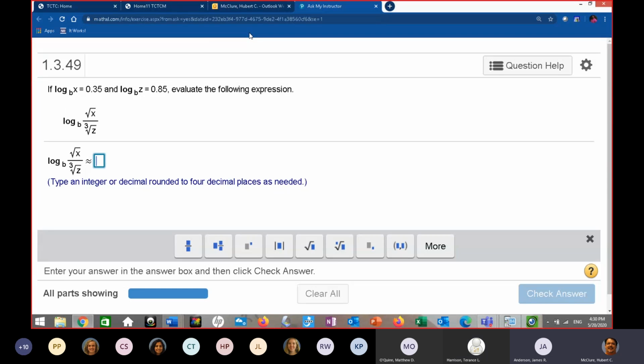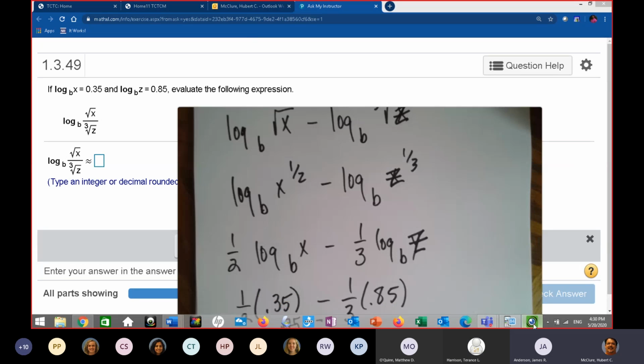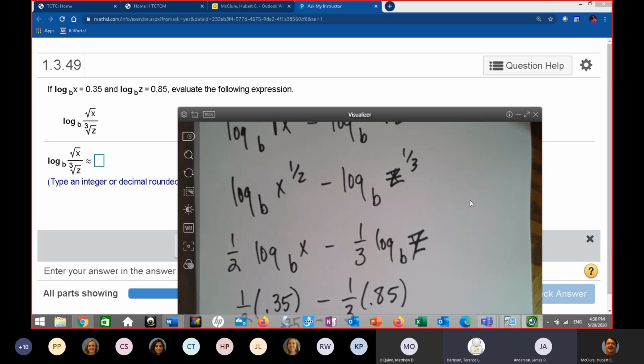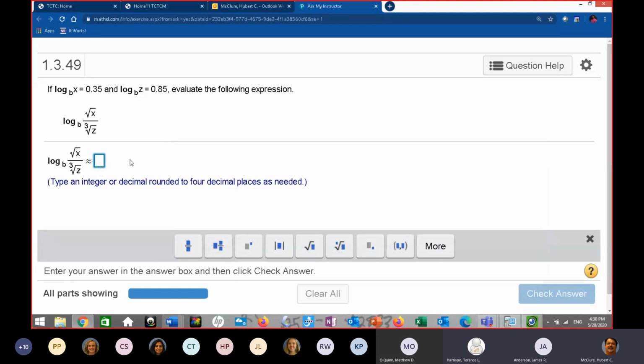What's 1/3 times 0.85? 0.2833. Now take 0.175 minus 0.2833 and give me 4 digits. It's negative 0.1083.